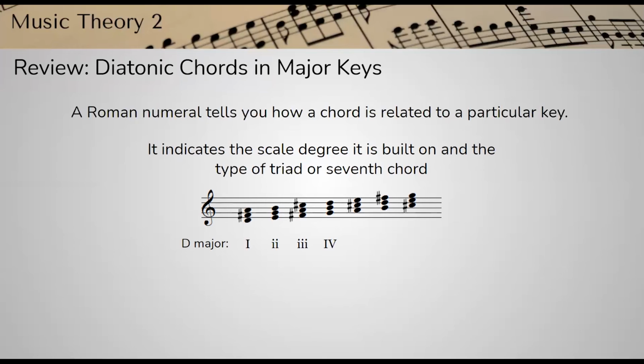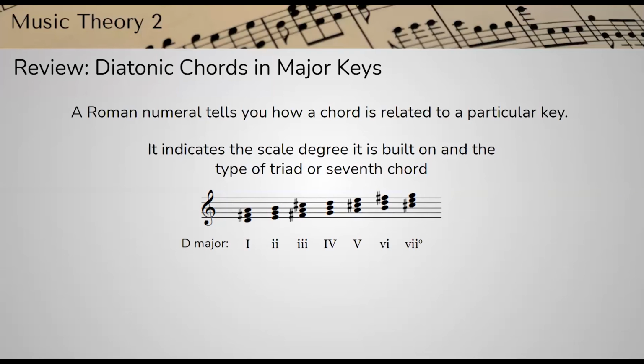It's built on the 4th degree. This A major chord is built on the 5th degree of the scale, and it's major, so we give it a capital V. And then we have our vi, which is minor, built on the 6th degree. And finally, this last one, C sharp, E, G, is a diminished triad built on the 7th degree of the scale, so we give it a lowercase vii and a little circle to indicate that it is diminished.